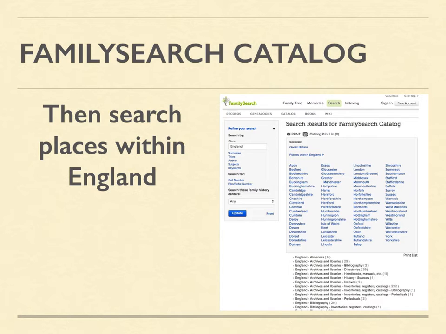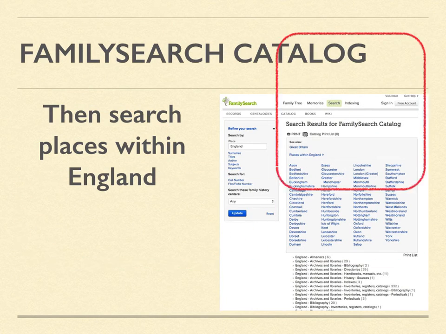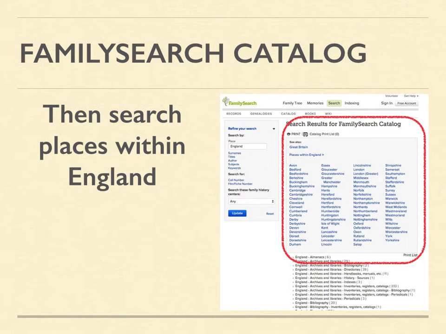So all the records that show for England could possibly help you find your ancestor. In addition, you can click on places within England and see a list of the counties. Further, each county will show a place within the county, usually a list of the parishes and some towns.